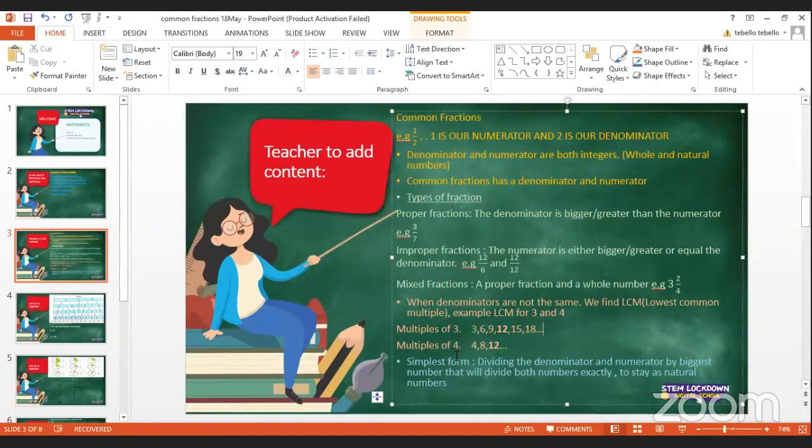For example, if we need to divide 4 and 6, we'll have 2 as our number to divide 4 and 6 with. So we'll use that number to divide both the denominator and numerator. Okay.